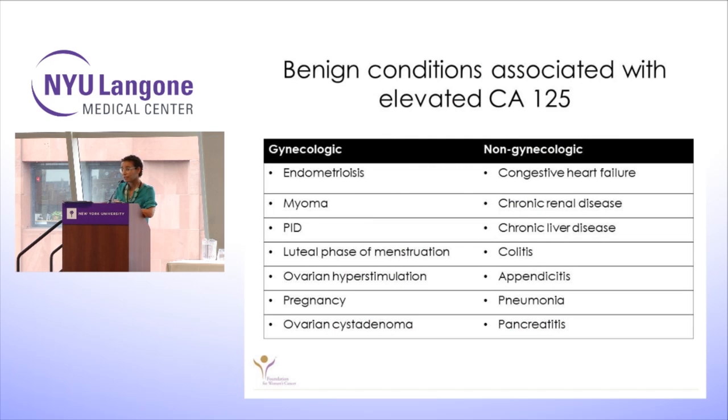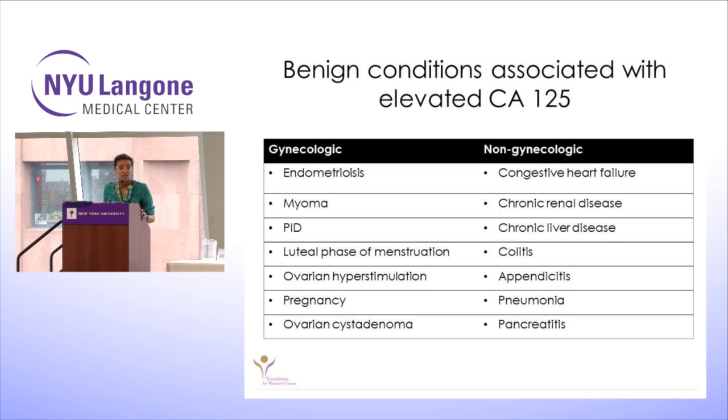Endometriosis is relatively common, happens to about 15% of reproductive age women. That's when part of the uterine lining gets transplanted out into the abdominal cavity just through normal menstruation. And the presence of endometriosis is well known to elevate your CA125.